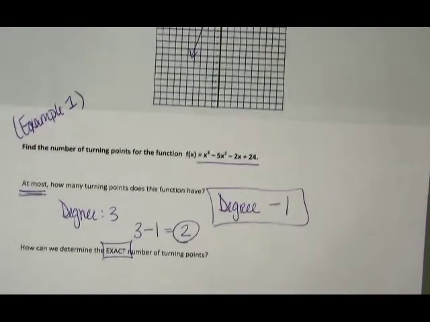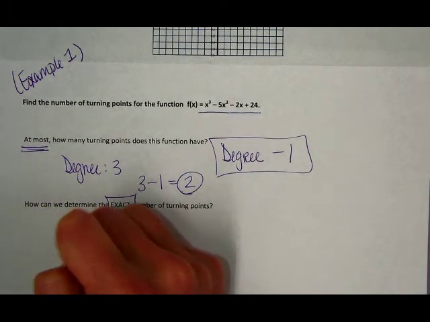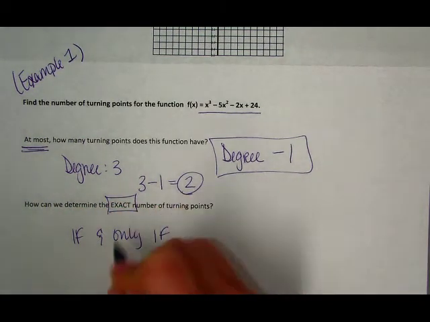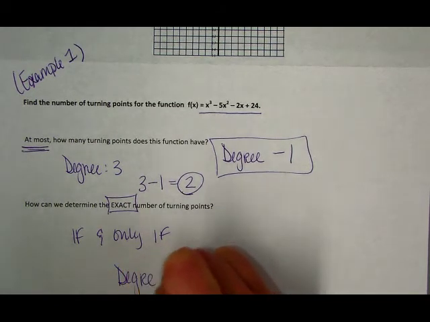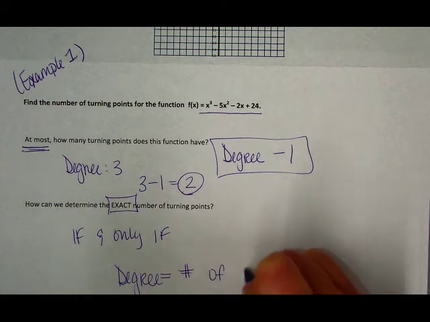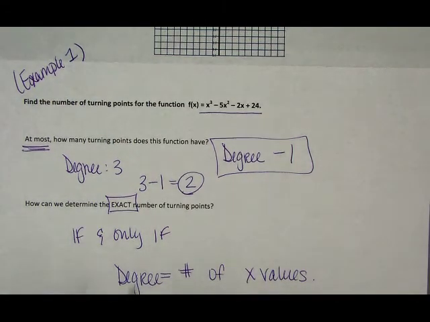But how can we figure out the exact number of turning points? The exact number of turning points happens if and only if our degree is equal to the number of x values, or our number of zeros, I should say.